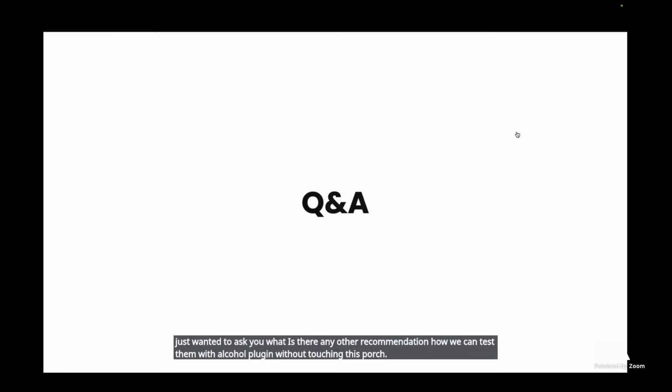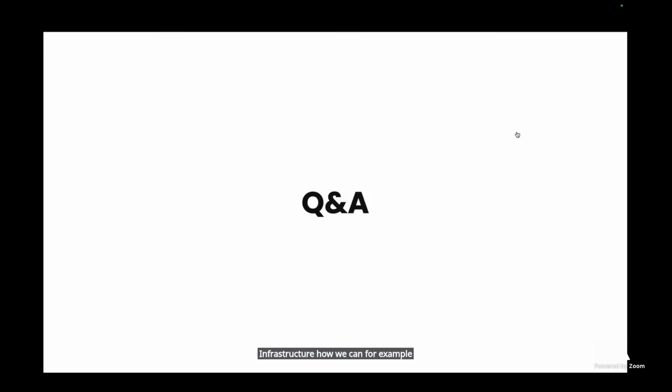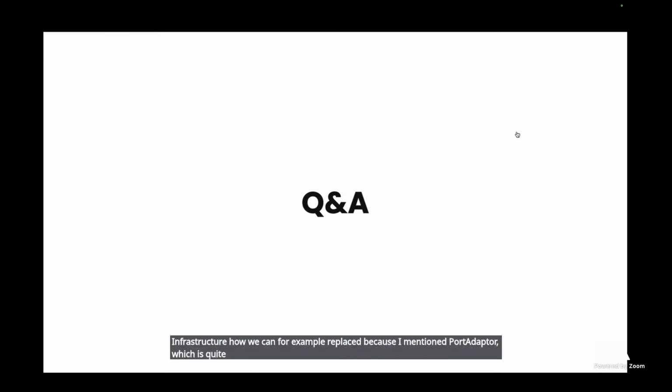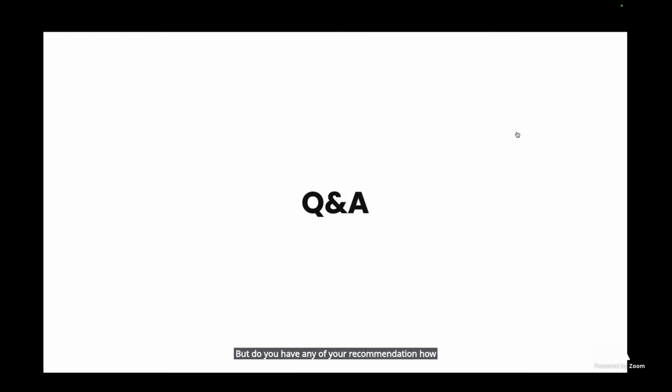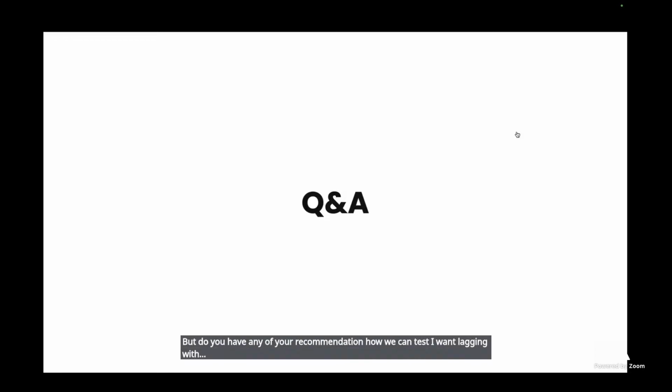I mentioned ports and adapters, which is quite a stable architecture for this kind of thing. We have adapters, for example, for the database, for Redis, for REST API. We can create that. But do you have a recommendation for how we can test our plugin in isolation from the Forge architecture?